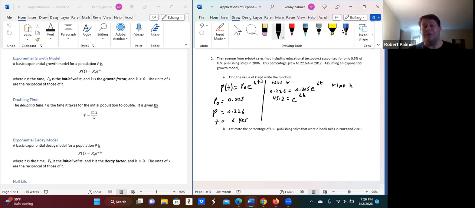Now, like we did before when I found the doubling or half-life time, let's take the natural log of both sides. So the natural log of 45.2 is equal to the natural log of e to the 6k. And since they're inverses, they cancel each other out. And so then we have the natural log of 45.2 is equal to 6k.